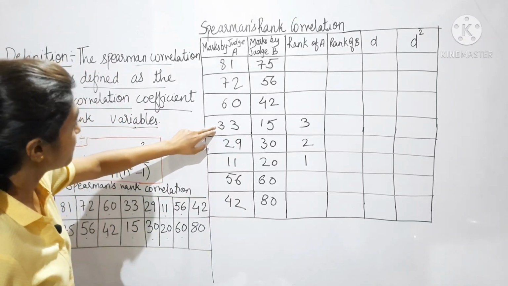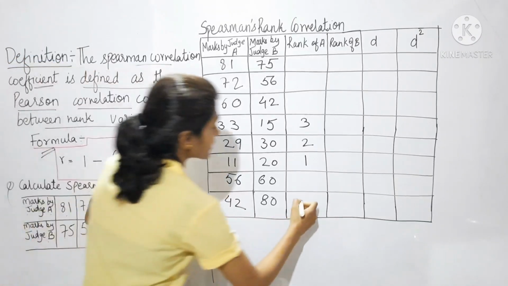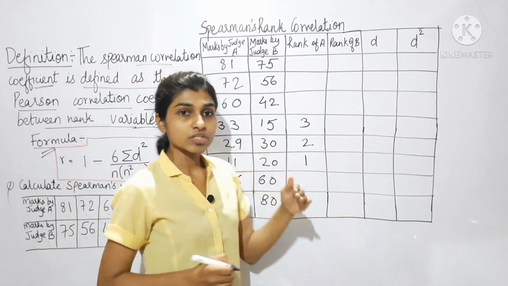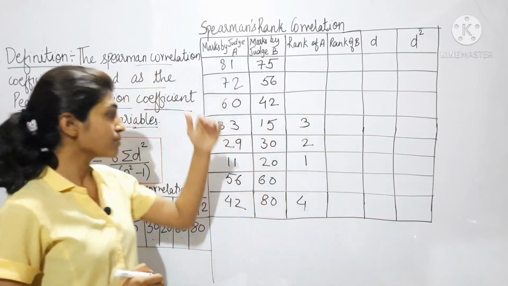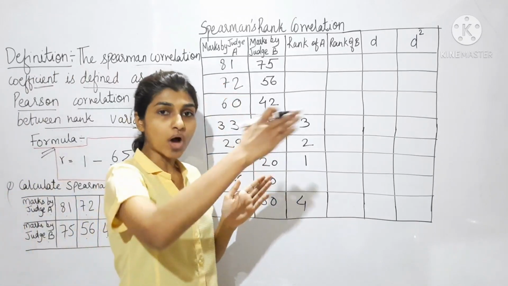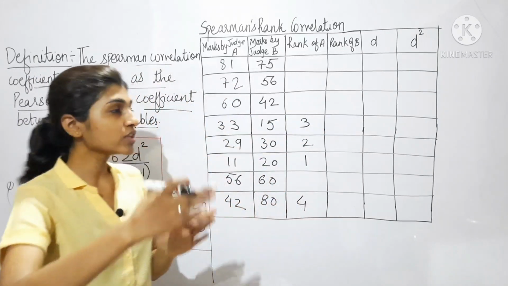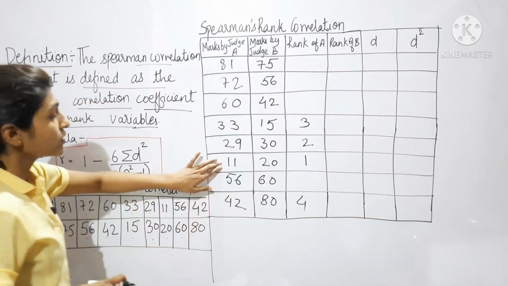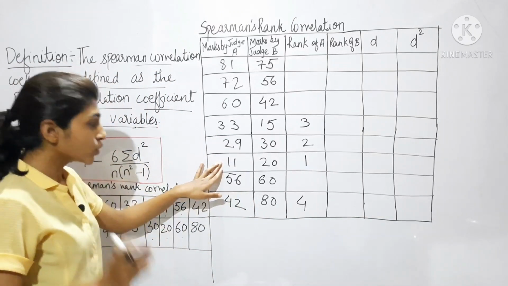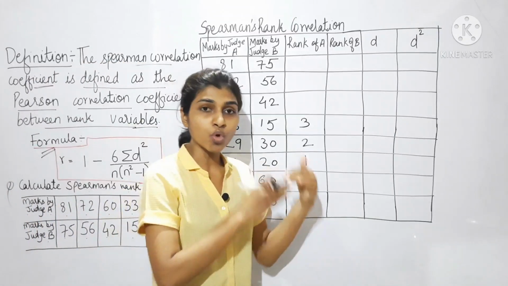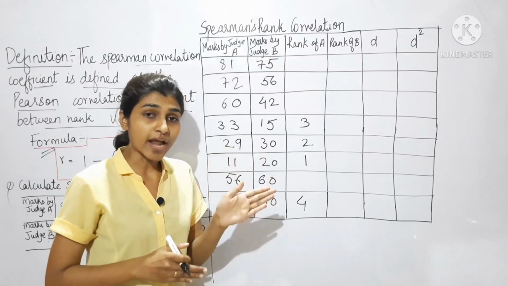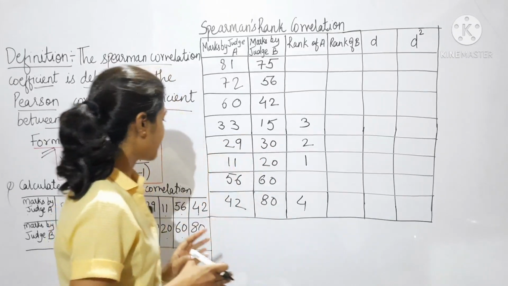After 33, 42, give rank 4. I am going from the smallest marks to the higher, or you can give the ranks from higher to lower also. There is no issue; it is up to you whether to give rank from lower to higher or higher to lower. Here I am giving rank from lower to higher.